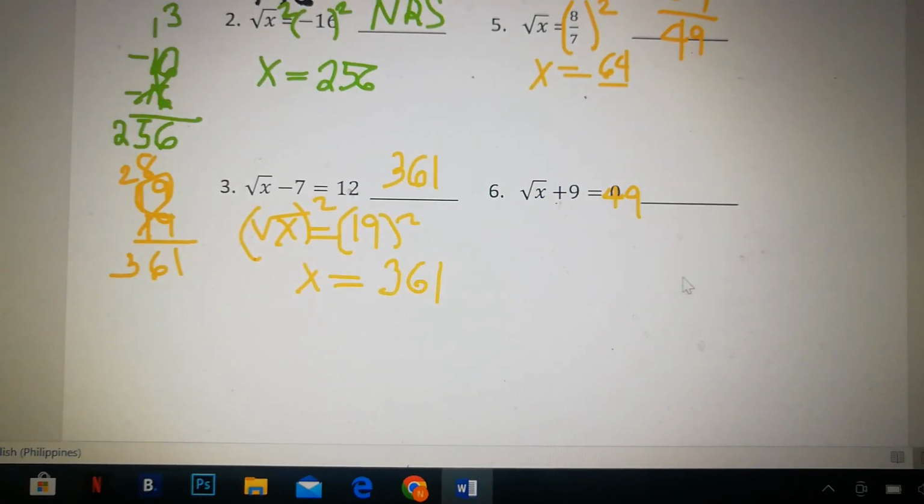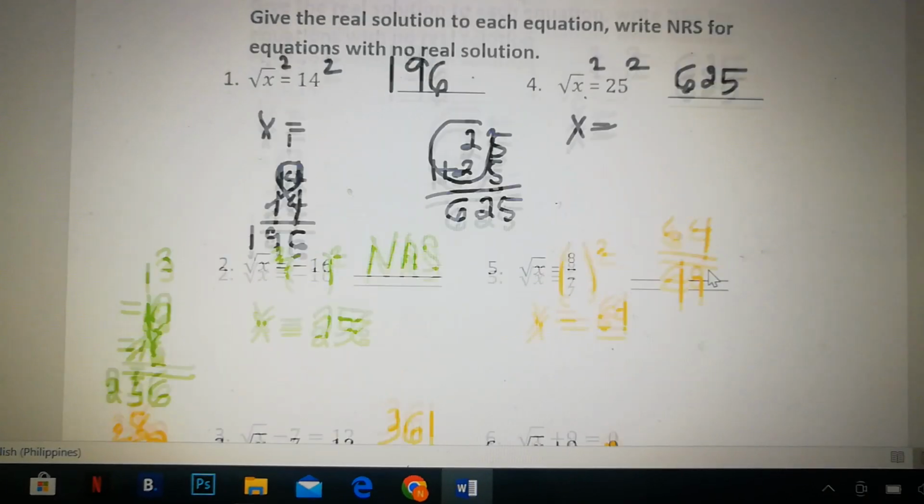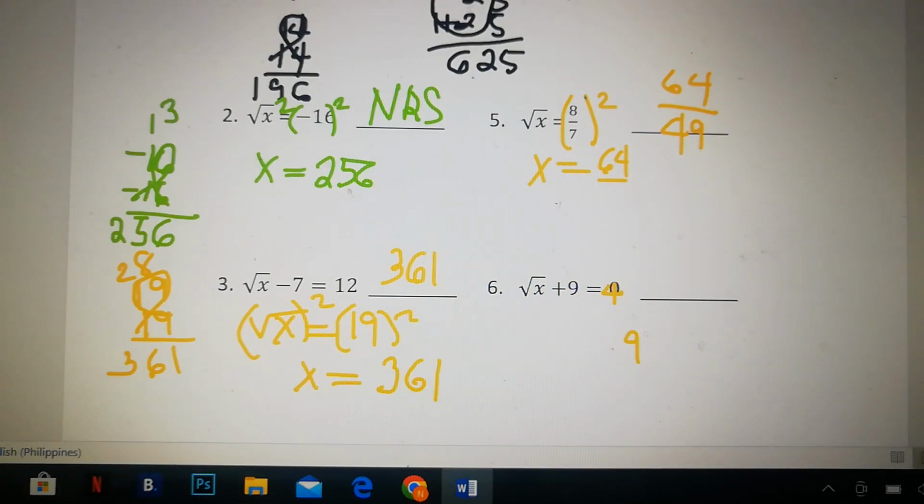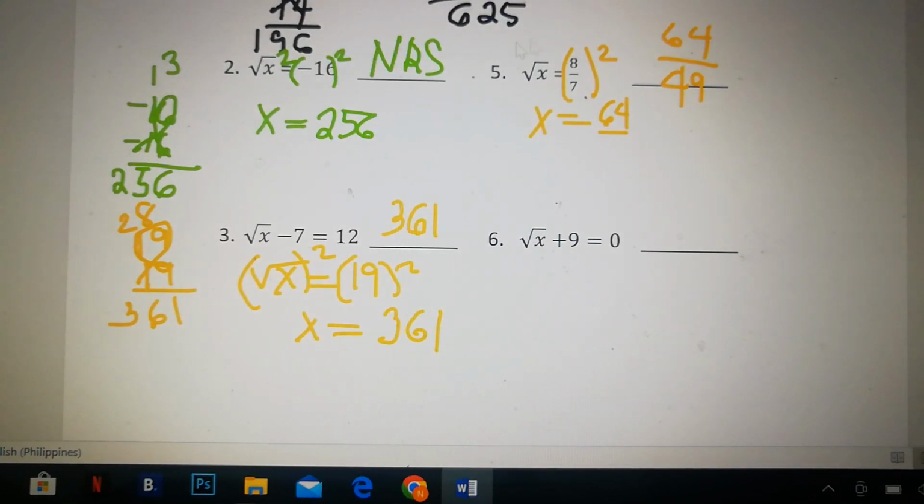Next, number 6. If you transpose 9, that becomes square root of x is equal to negative 9.